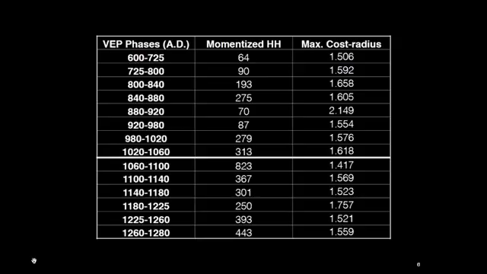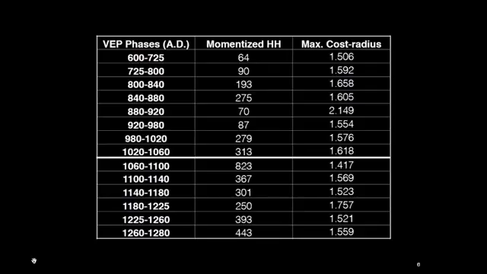For periods from AD 600 through 1060, we momentize the households to determine the likely population on the landscape at any given time within the period range, and then we select a random sample equal to the number of momentized households from the total households to calculate accessibility. For later periods, expected use life is as long as the period length, so momentization is not necessary.